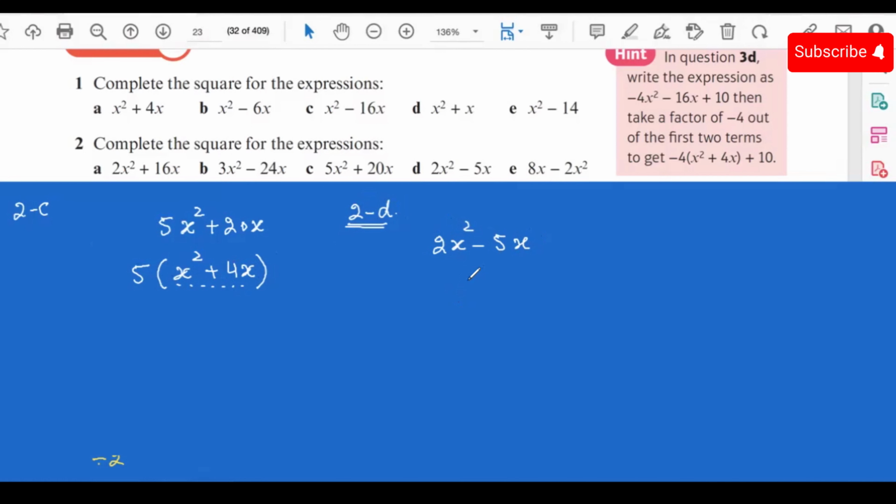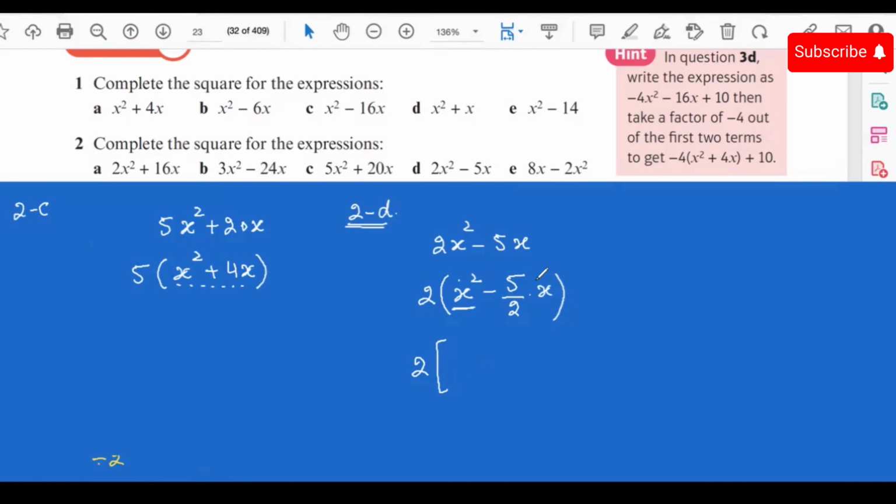So, for example, if we take 2 as a common factor, then our answer will be x squared, because 2 is out, minus 5 divided by 2 times x, as 5 has no factor of 2. We have this form where the first term is in the form of a square. It is the square of x. So now we can convert it into a complete square in the following way.